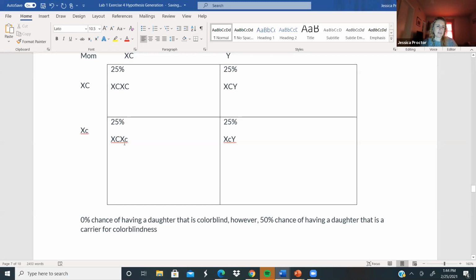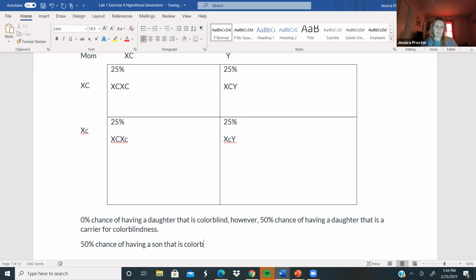So again, we're just looking at the daughters right now. And then as far as the sons go, in order for it to be a son, there needs to be an X and a Y. So we're just looking at these two quadrants. Every single time these two parents have a son, they have a 50% chance of having a son that is colorblind.